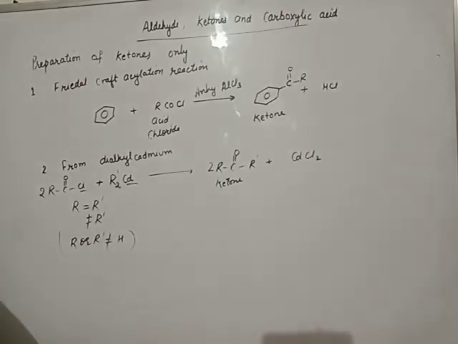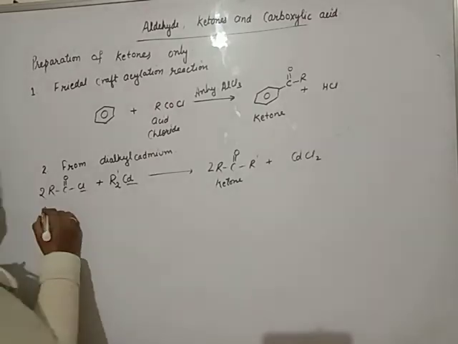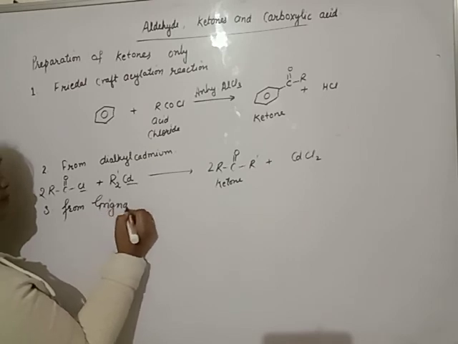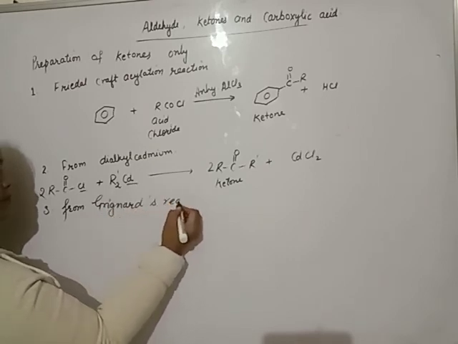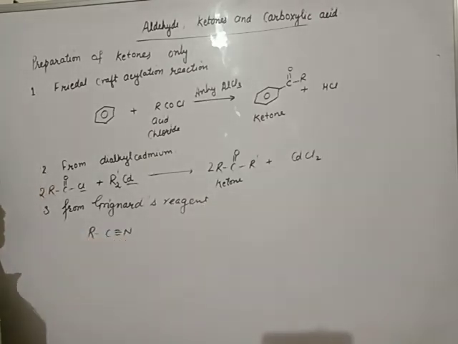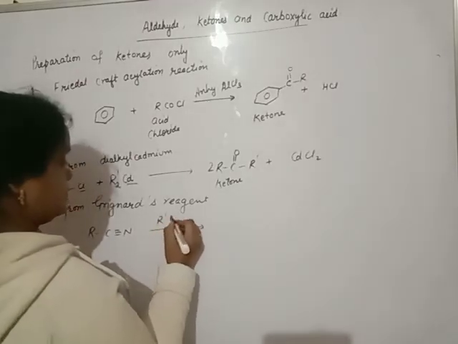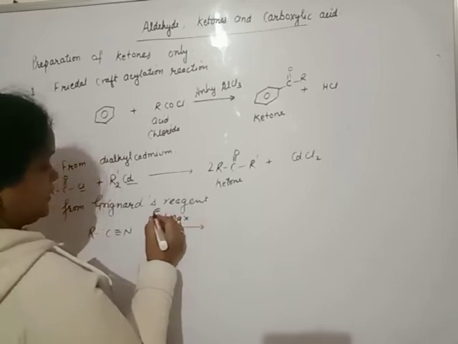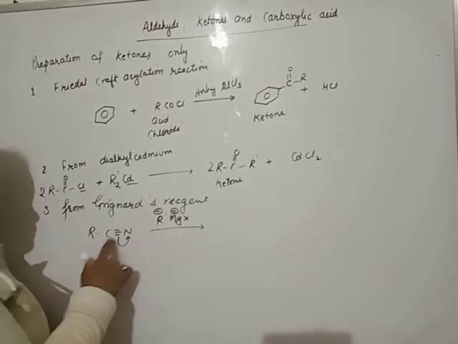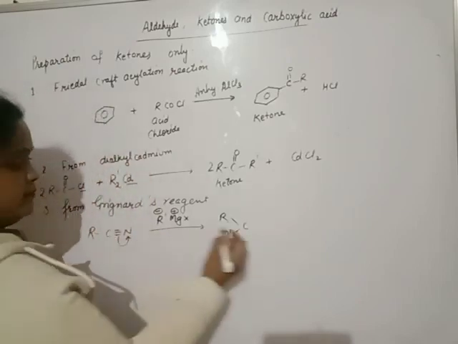Another one is from Grignard's reagent. Third one, that is from Grignard's reagent. Beta, alkyl cyanide is treated with Grignard's reagent. R is negative, Mg is positive. The negative part combines with carbon, double bond.